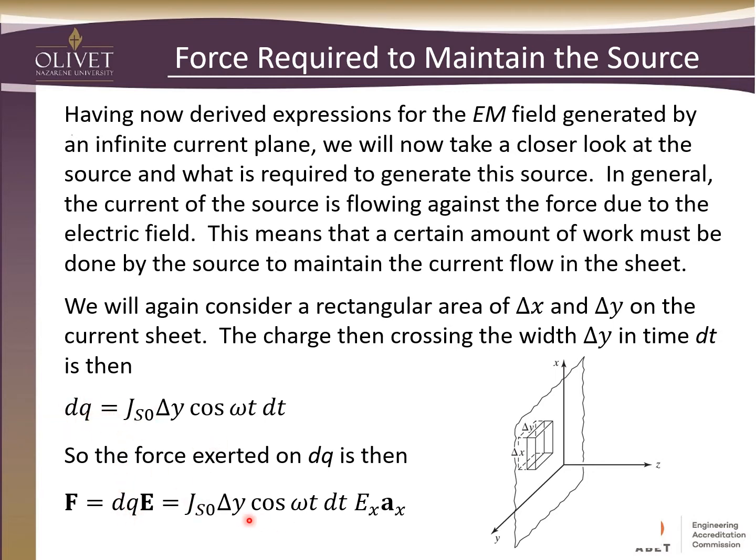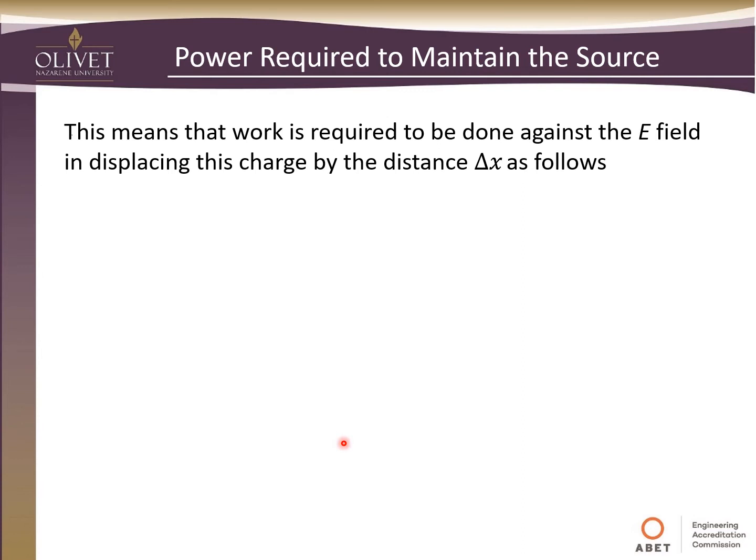We plug that in and we get this expression here of the magnitude of the current density times our width times this driving function for the current density with respect to t times this electric field Ex in the x direction. This means that work is required to be done against the electric field in displacing this charge in the current sheet by this distance delta x.